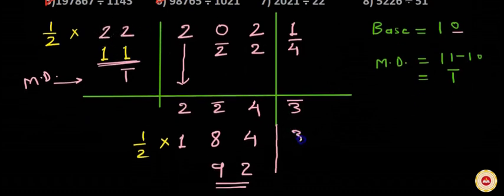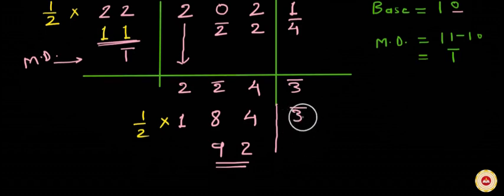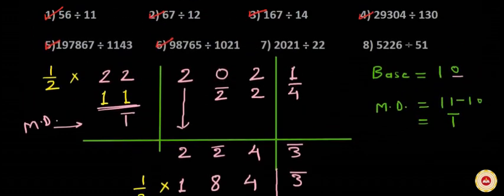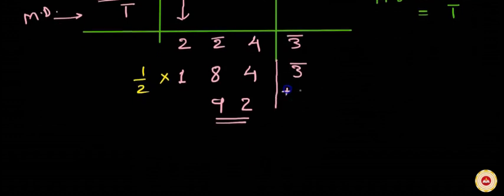But remainder is negative. That means we have divided in excess. So what's to be done? Simple. Add original divisor 22 to negative remainder 3 and reduce this quotient 92 by 1 and write 91, and 22 minus 3 is 19.